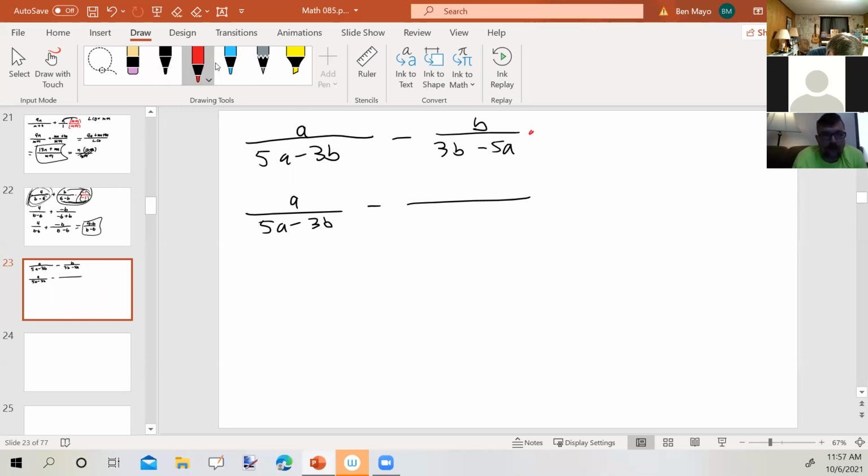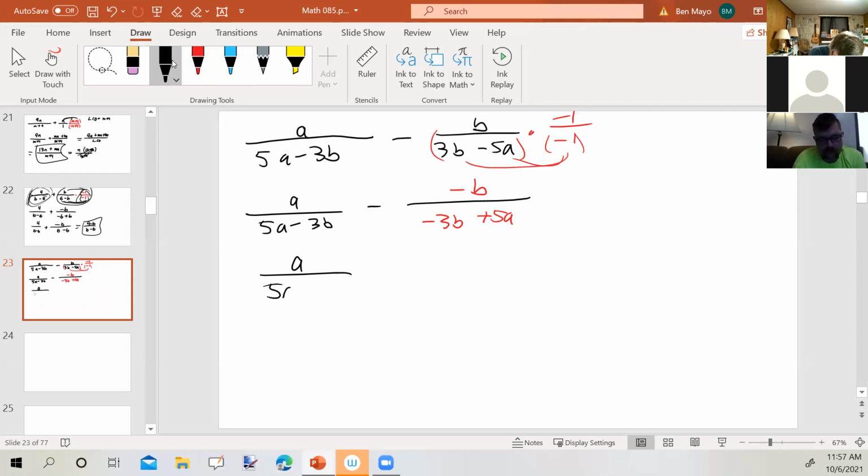I'm going to multiply the second fraction by -1 over -1. So my new numerator becomes -b. My new denominator becomes -3b plus 5a. But -3b plus 5a, addition's commutative, that would become 5a minus 3b.